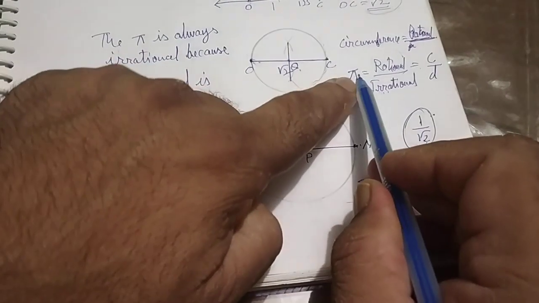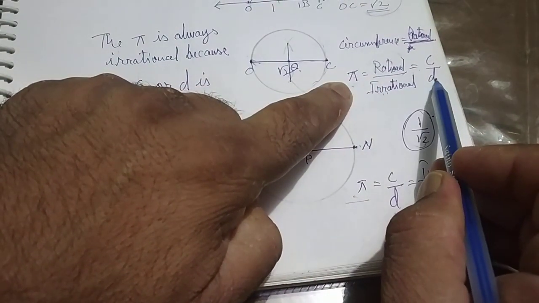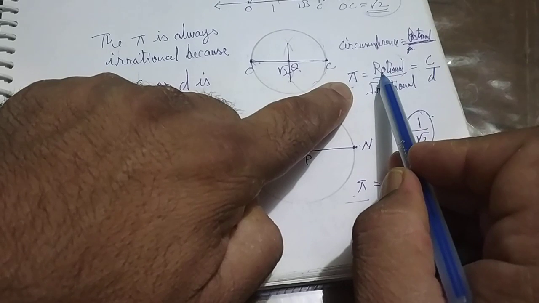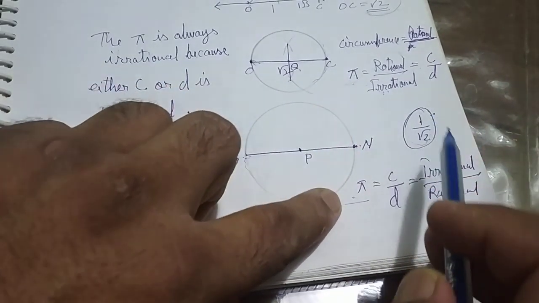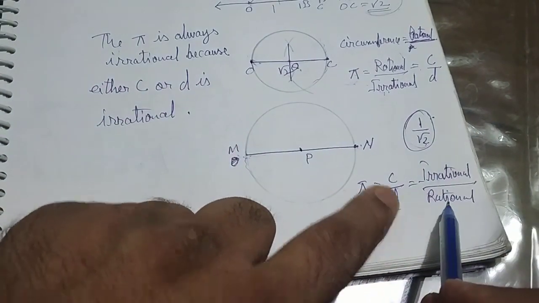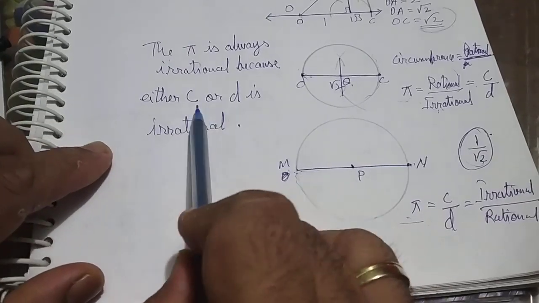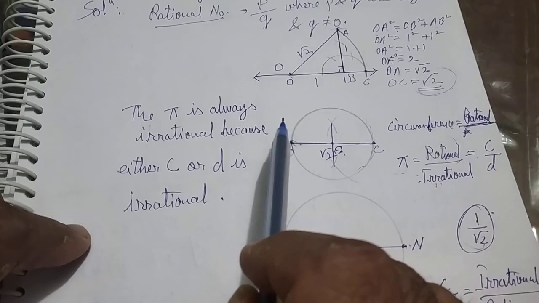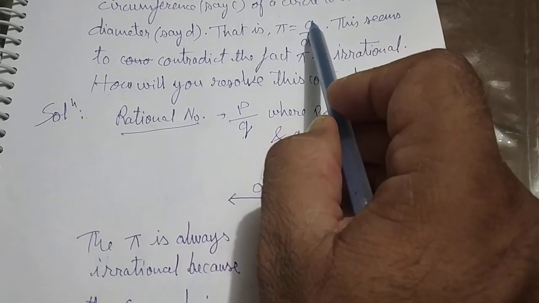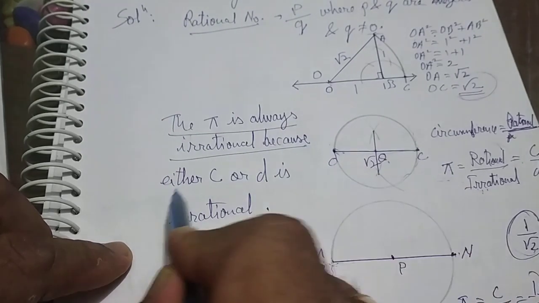So pi is always like this. If circumference is rational, its diameter would be irrational. If diameter is rational, circumference is going to be irrational. So any one of these two will always be irrational. Any one of either C or D. So this is its answer. This you have to write.